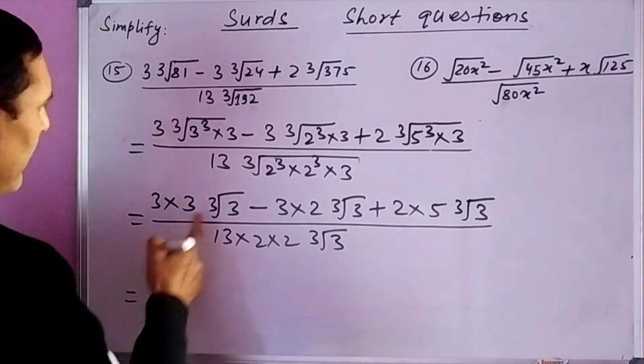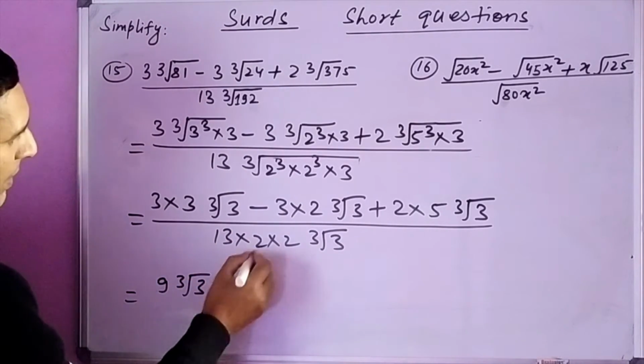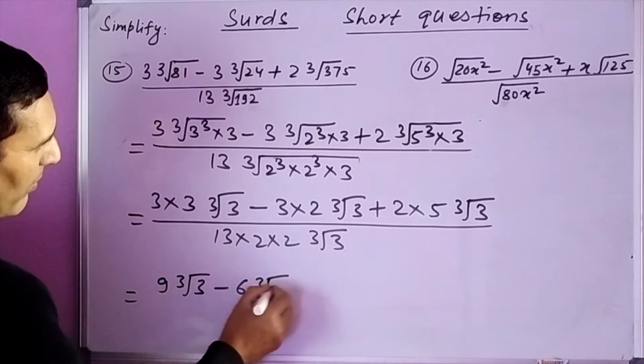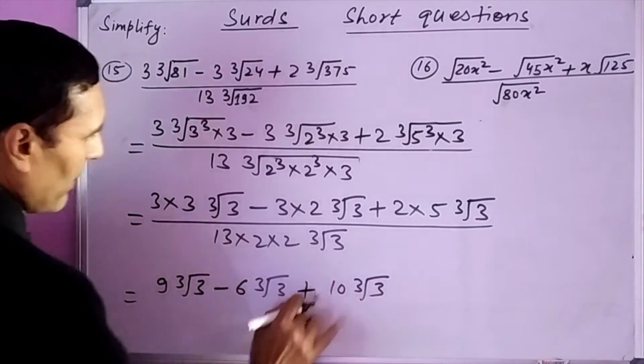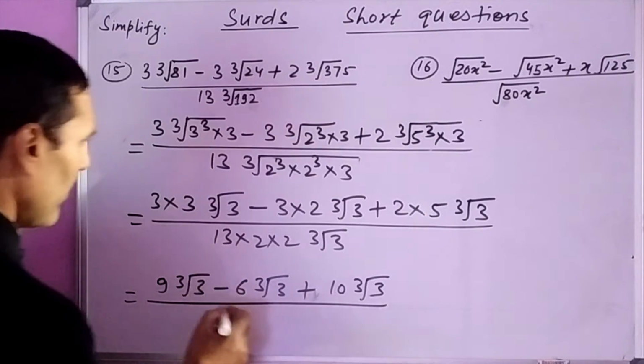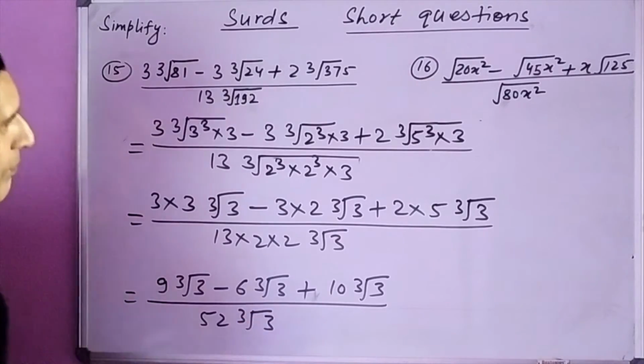Now it is 9 cube root of 3, 6 cube root of 3, 10 cube root of 3, upon 52 cube root of 3.